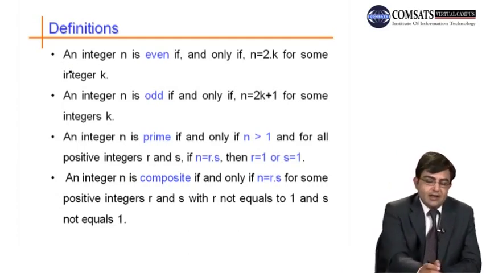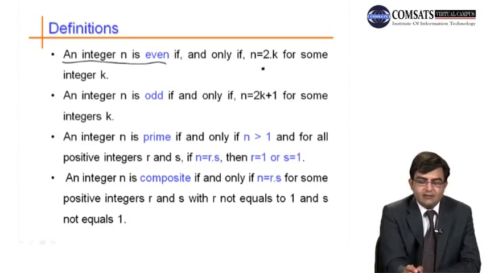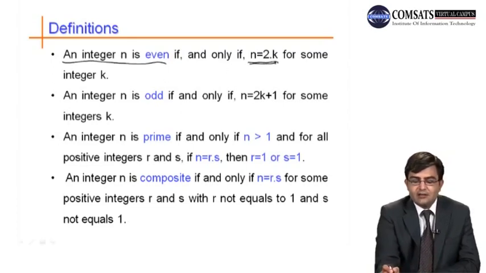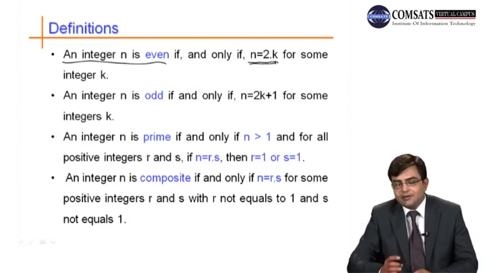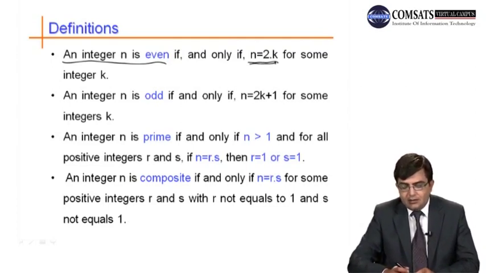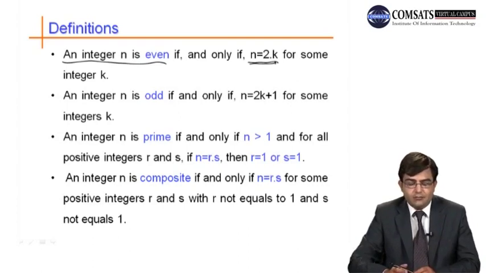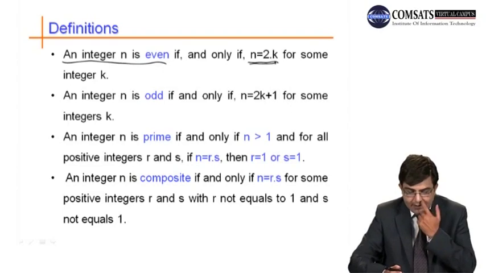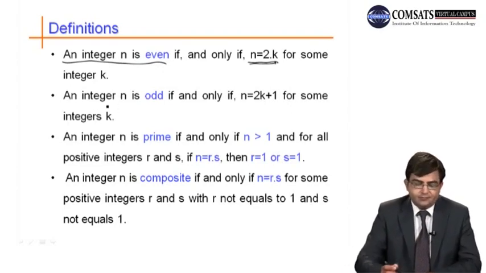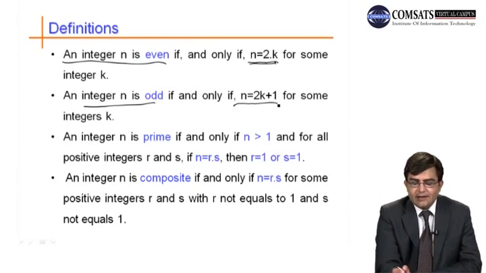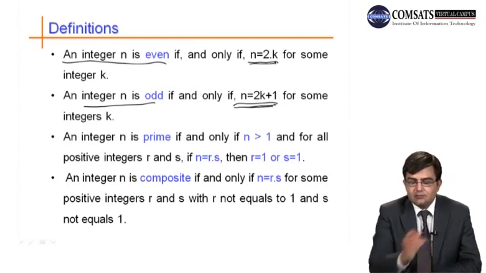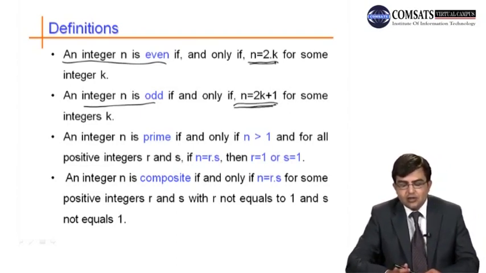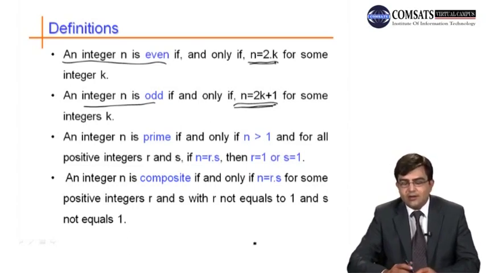So by definition, an integer n is even if it can be written as the product of 2 into some integer. Or you can say that an integer is said to be even if it can be written as a multiple of 2. And what is an odd integer? An integer which can be written as n is equal to 2k plus 1.